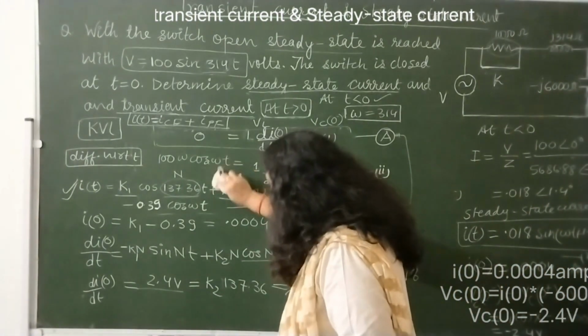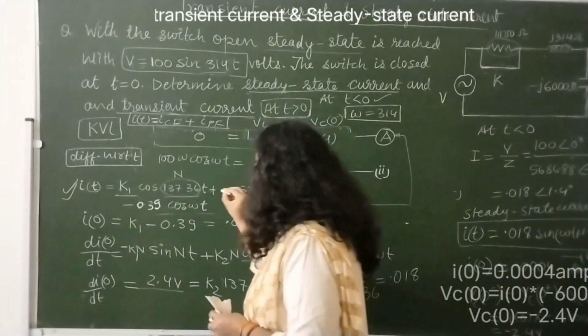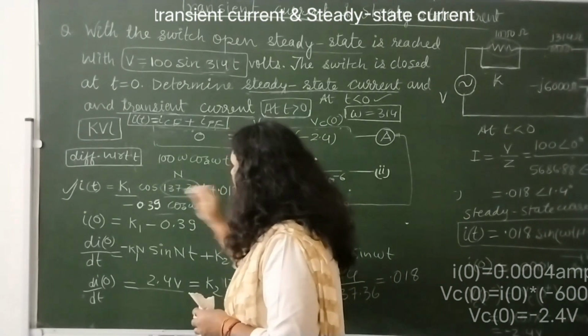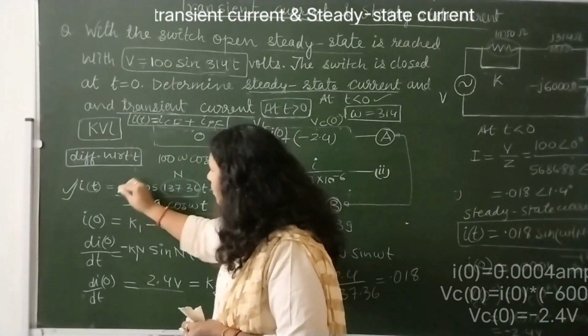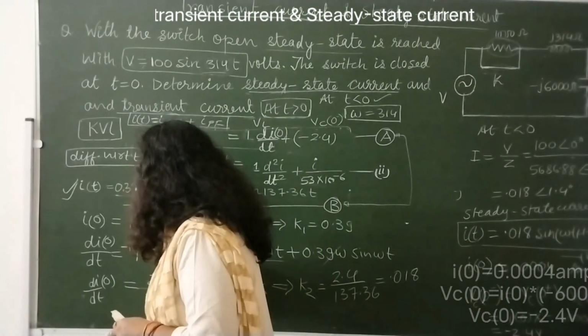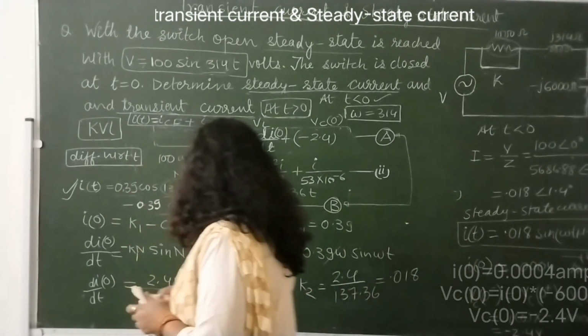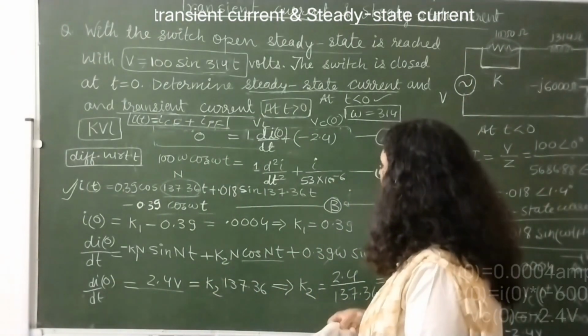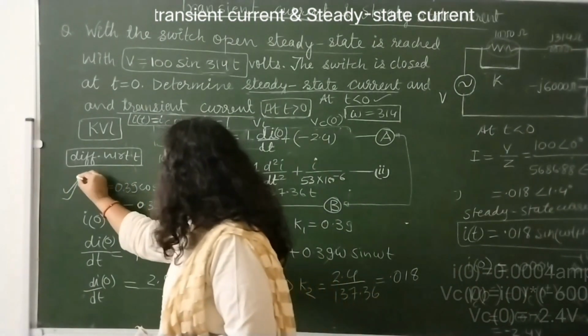So replace this K2 by 0.018 and this K1 by 0.39, and we can get the complete solution or transient current of the given circuit.